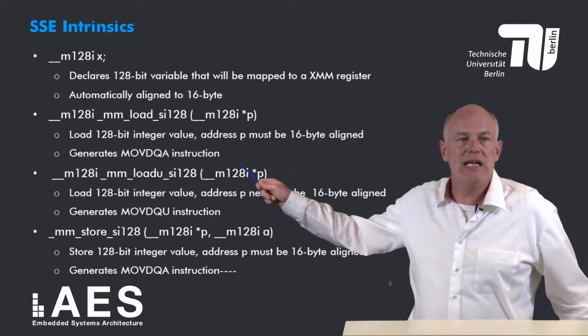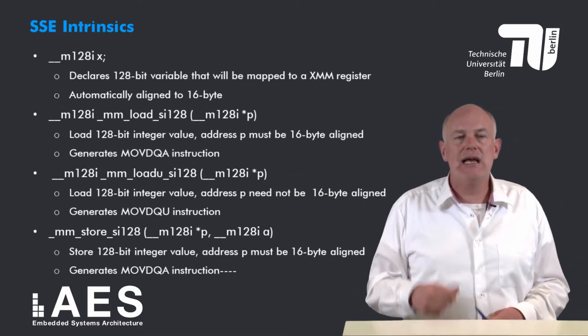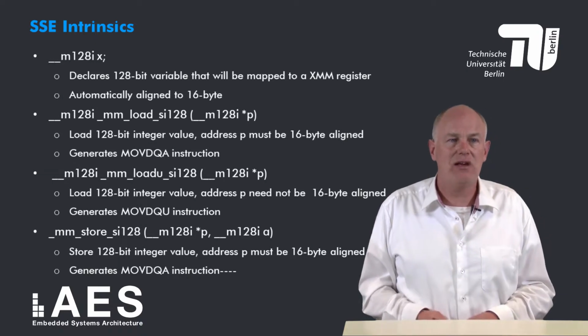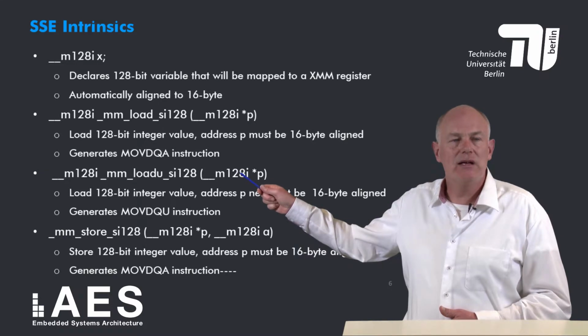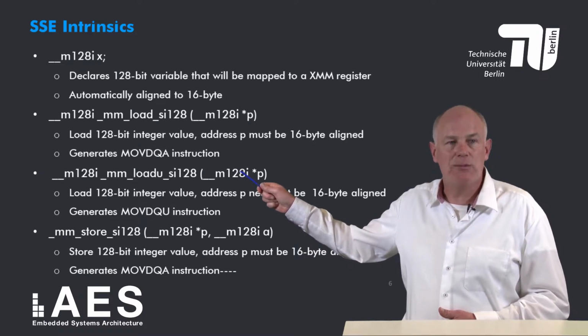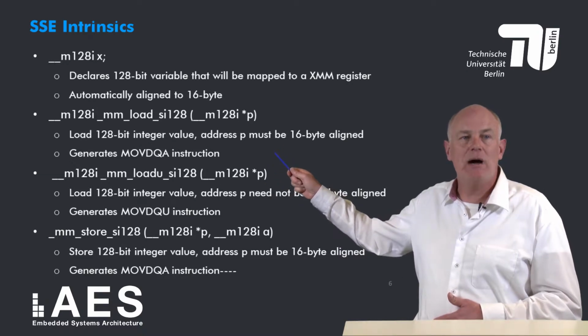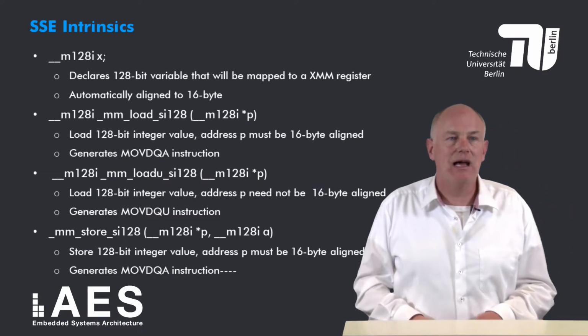We can use this. It looks like a function call, but it is actually translated directly to an SSE instruction, which loads the 128-bit fixed point or integer value from the address pointed to by P. And P must be 16-byte aligned.